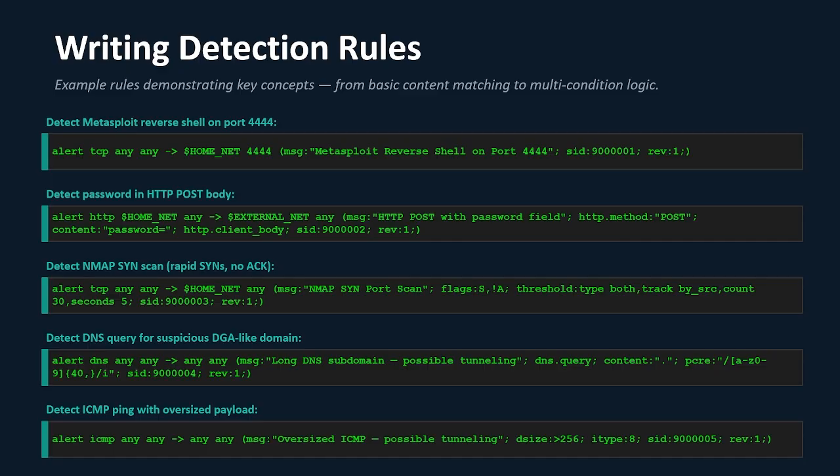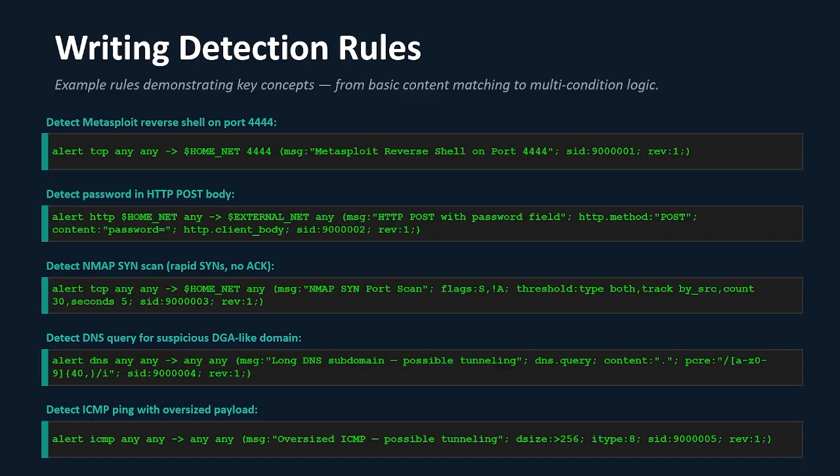And it's looking specifically for flags where in the TCP header there's a SYN flag and not an acknowledgement flag set. And then the threshold is type both, track by_src, count 30, seconds 5. So it's going to count every time it sees this. If it sees more than 30 of those packets in a 5-second window, it's going to trigger this flag.